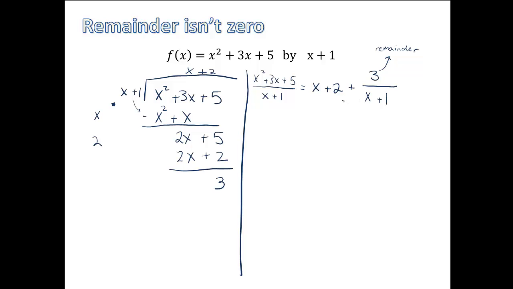But what this is saying is that if you want to, we can keep going and keep looking at it. But if we were to simplify this, we would multiply everything by x plus 1. x plus 1 here, this whole thing by x plus 1, and this whole thing by x plus 1.